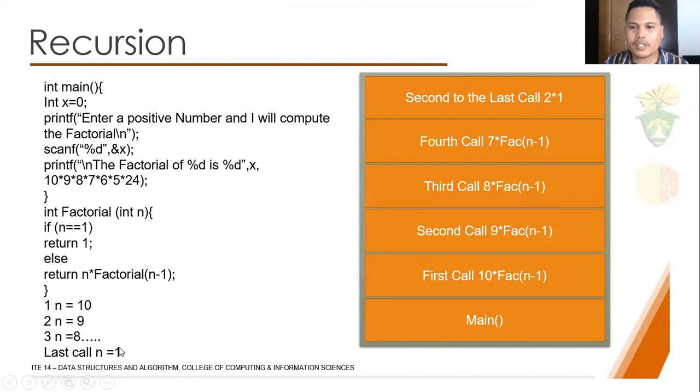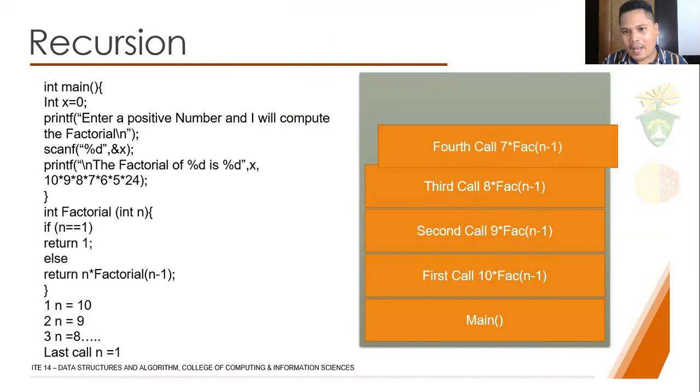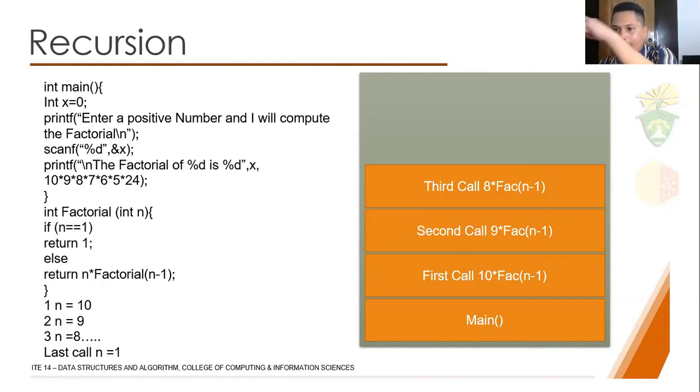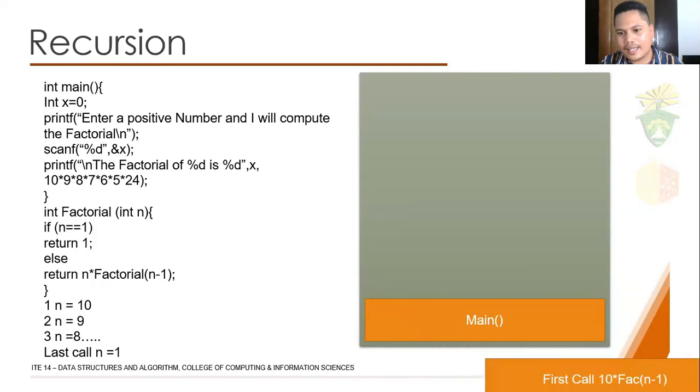By the time it returns a constant value, this will be popped from your memory stack. Then it pops one by one, reversing the chain. After you reach and get the constant value, there is no more recursive call, so it goes back to its origin, which is our main function, until it returns the value to main.